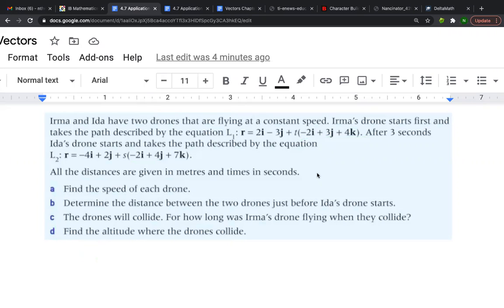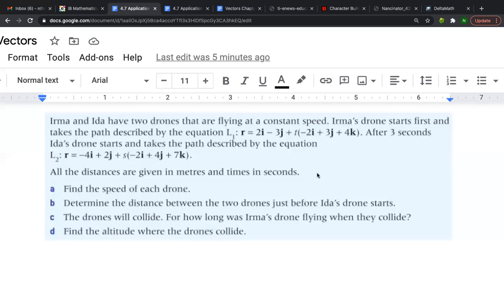Part B, determine the distance between the two drones just before Ida's drone starts. Well, it does say that after 3 seconds is where Ida's drone starts. So for Ida's, we would have a time of 0, so S would be 0. But that means that Irma's would be at 3. So T equal to 3.